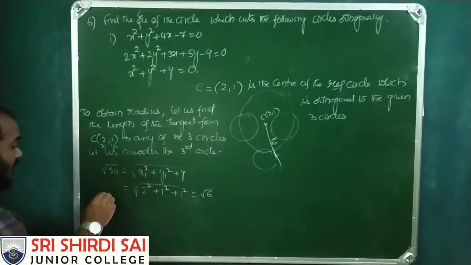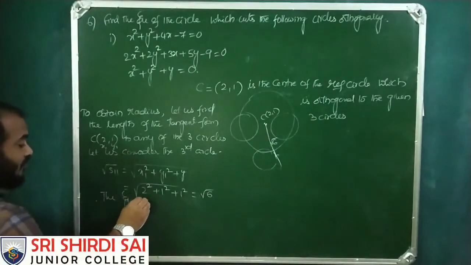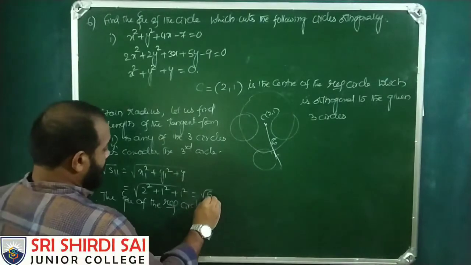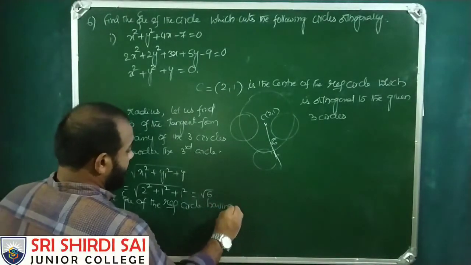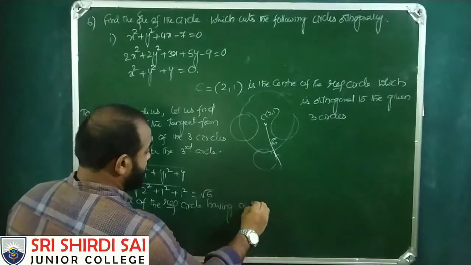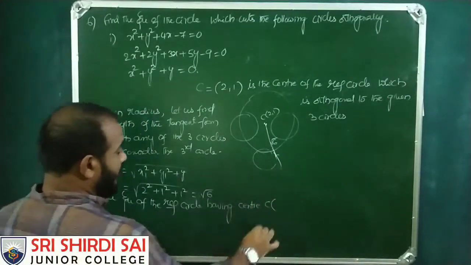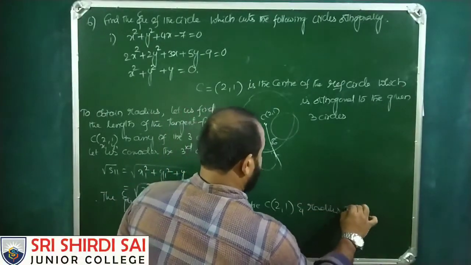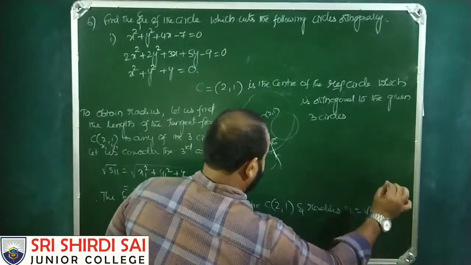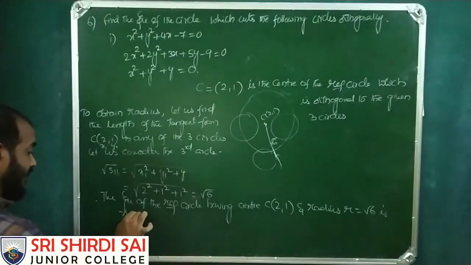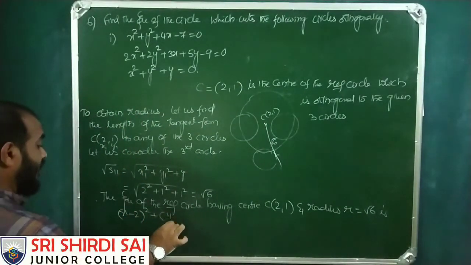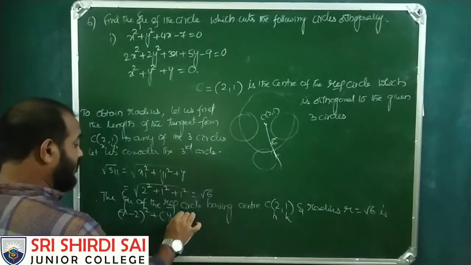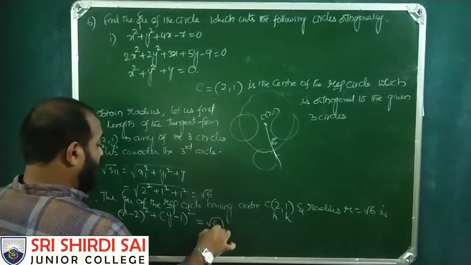Therefore, the equation of the required circle having center C = (2, 1) and radius r = root 6 is (x minus 2) whole square plus (y minus 1) whole square equals root 6 whole square.